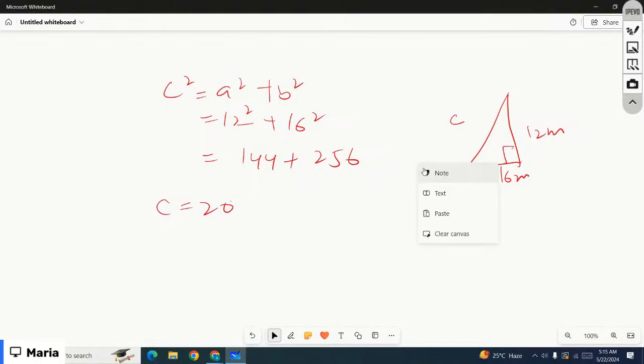Okay, for example, you are given a triangle that is 4 miles, 5 miles.